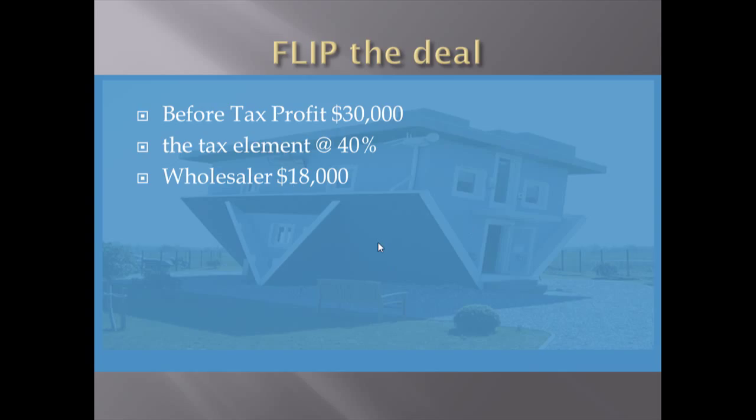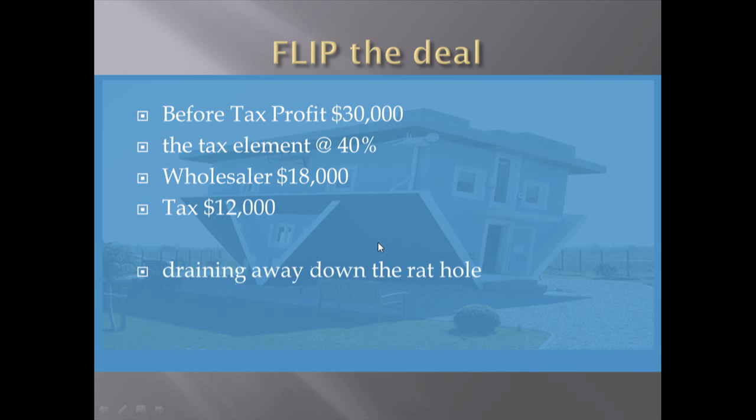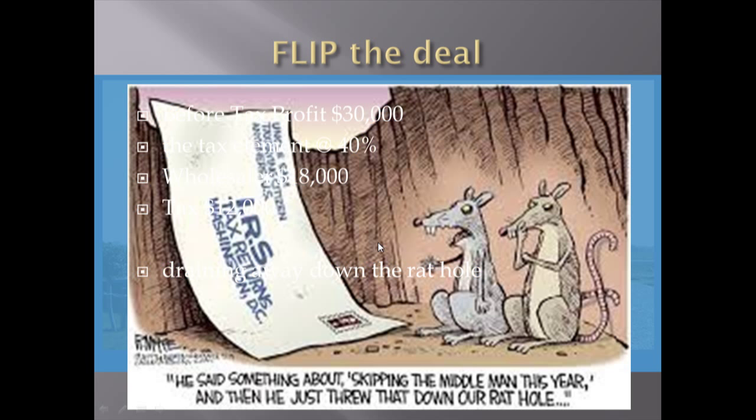One way to actually improve your returns as a wholesaler is not necessarily doing more deals, but making more out of each deal simply by closing your hand on the money that you can make, instead of letting it drain away down the rat hole in tax.